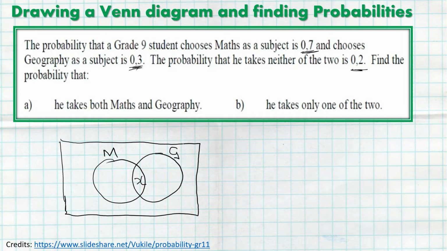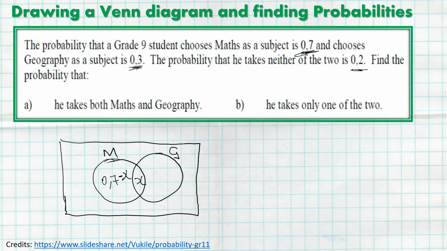Okay, so they are saying the probability that a grade 9 student chooses maths is 0.7, right? So meaning that we know the answer for the whole circle here, right? It must be 0.7. So because we have X, it's going to be 0.7 minus X, so that we exclude the intersection. Then that one will be for maths only.